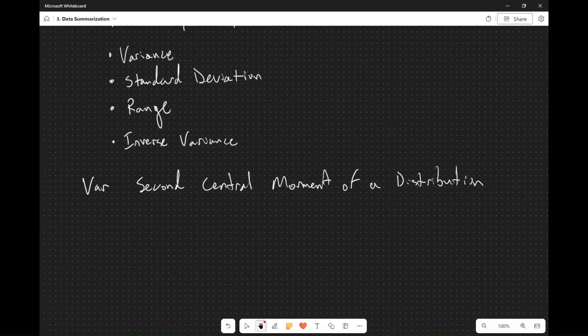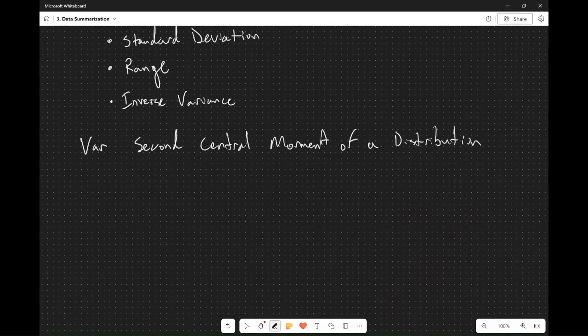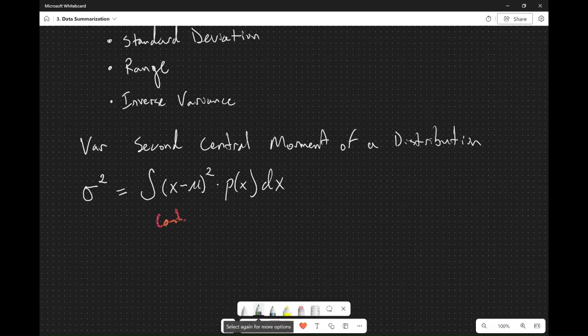The formula for variance, we're going to denote with a Greek sigma squared, and this is equal to the summation of the random variable itself minus its first raw moment, or its measure of center, squared, times the probability density function of that random variable with respect to the variable. This is continuous, and this is for the population.